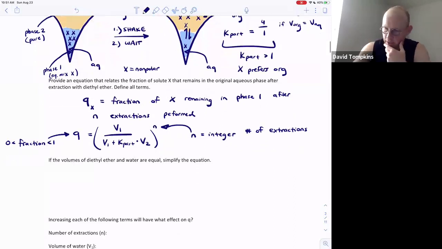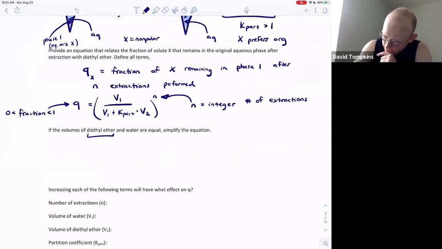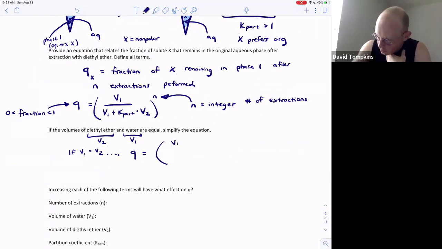You can either perform 1 extraction or 2, but you cannot do 1.2 or a partial extraction. So in the case where the diethyl ether, phase 2, and water volume are equal, then the Q equation is going to simplify. And the fraction of X remaining in the original phase, we can write now as V1 over V1 plus Kpart times V1.